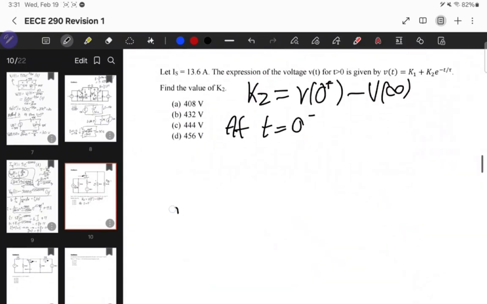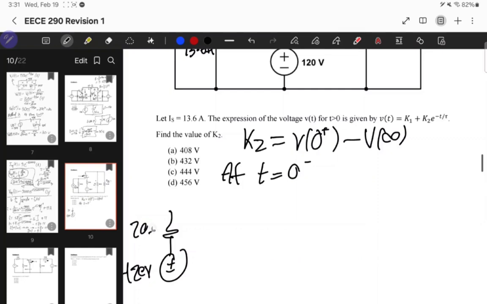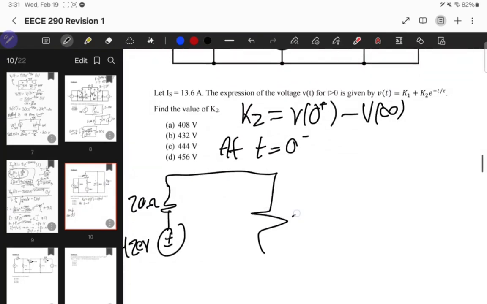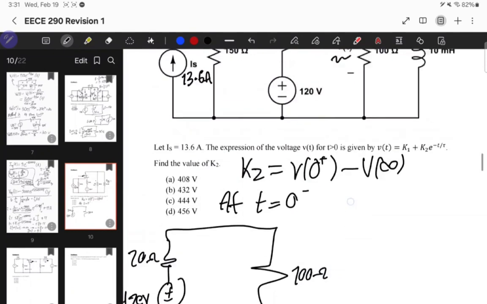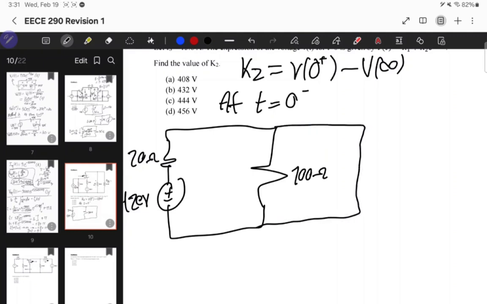So we have a 120 volt source, a resistor 20 ohm, this 100 ohm, which is the value of my interest, and here I have a short circuit.